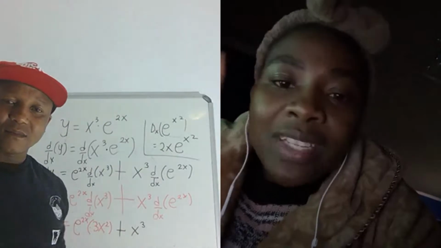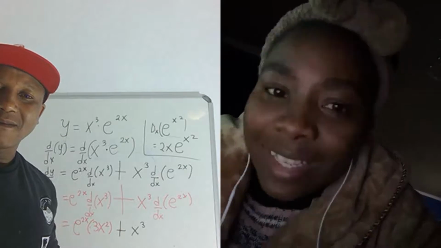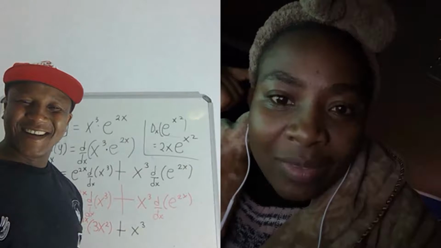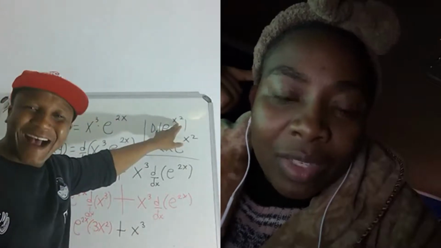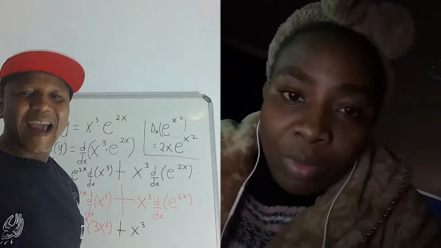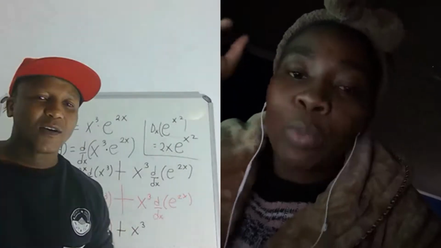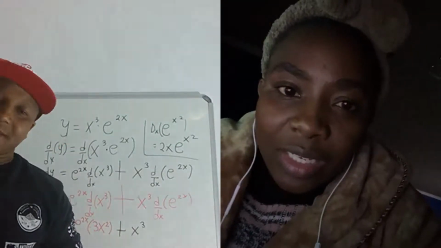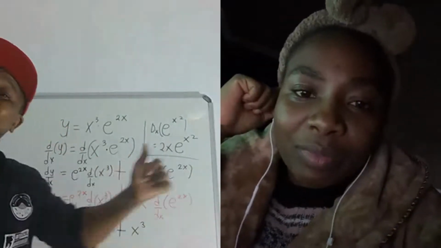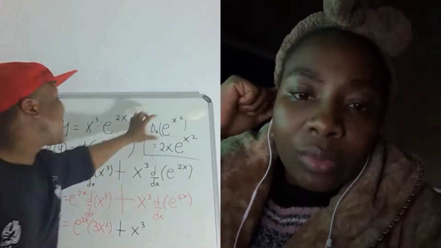I don't even know what e is, but it is exponential, and it's just like that. You only differentiate what is on top of e, and what you get, you write behind e, which we call exponential, and then write the value that you have.